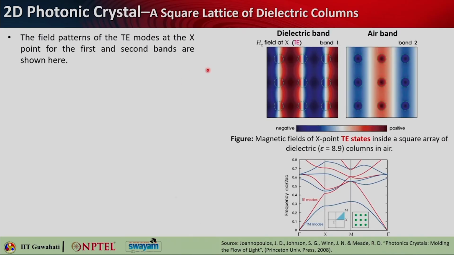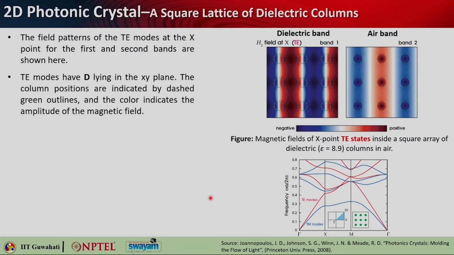Now, if you look into the field pattern of the TE modes, which are the red ones, let's look into the X point first. This is the X point, and we are showing it for the dielectric band, the first one, and this is the air band.